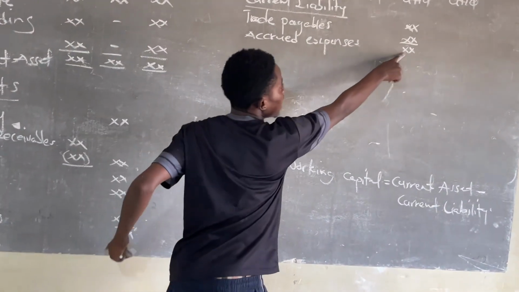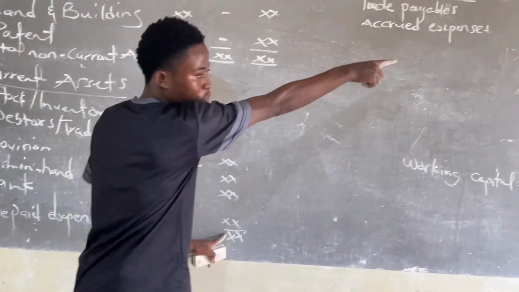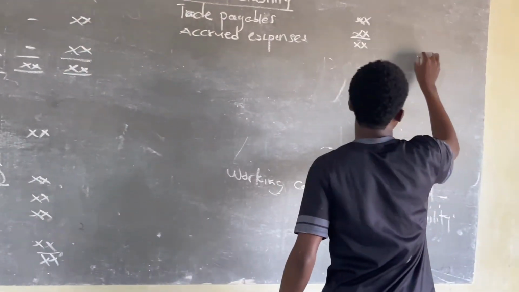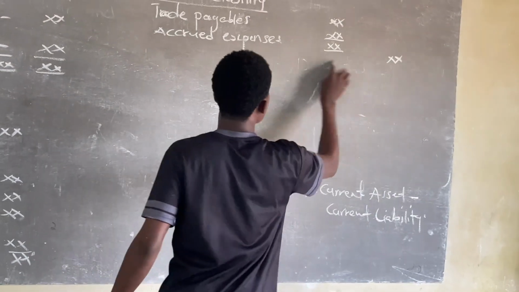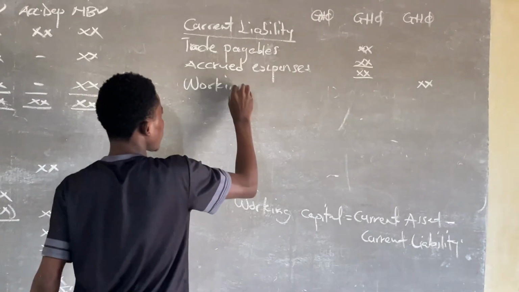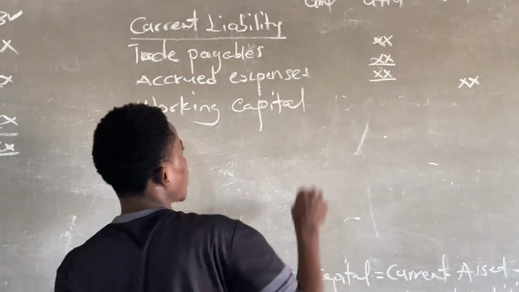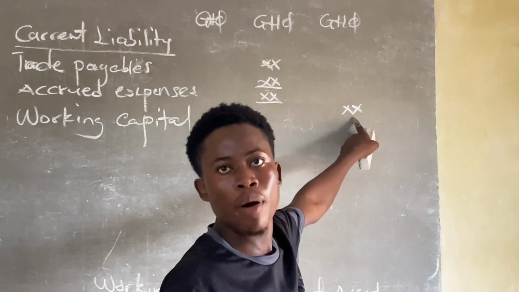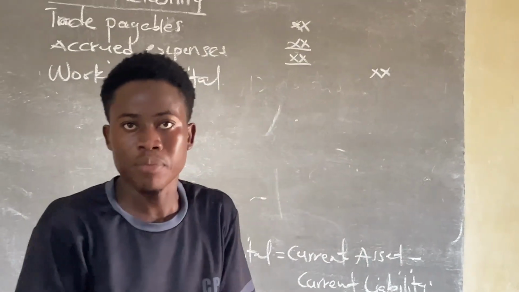Since this becomes our total current liability and this becomes our total current asset, we deduct that figure from this. And then any figure we get gives us our working capital. Now that we have our working capital, we know the amount of money that the organization is using to operate for a short period of time.